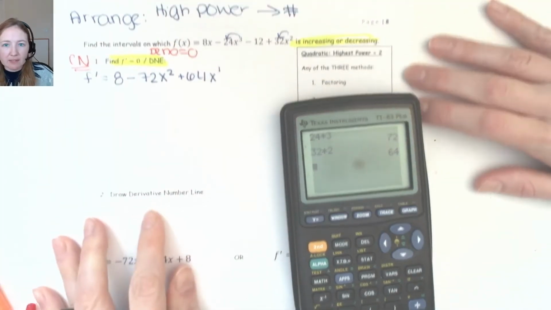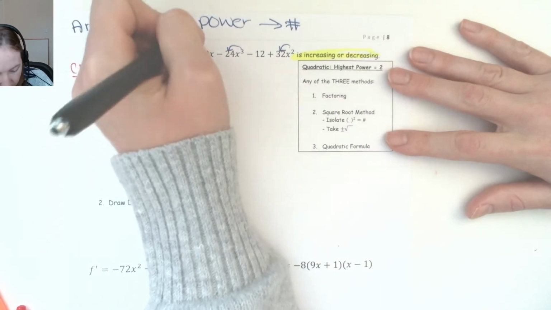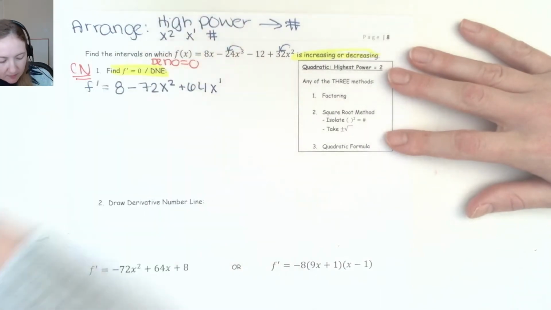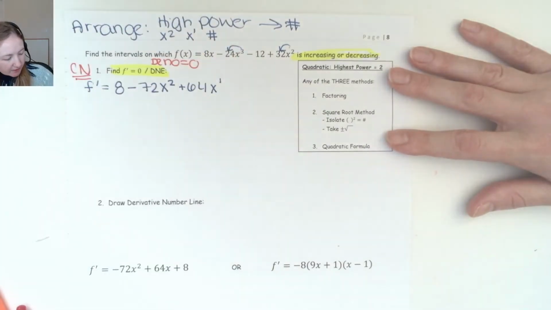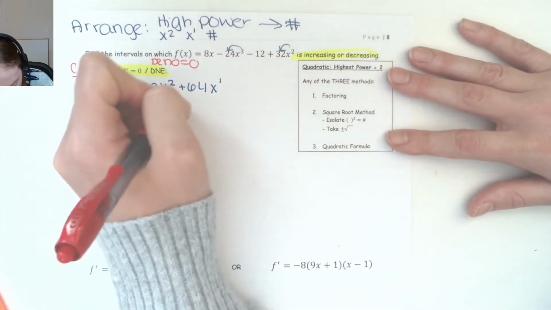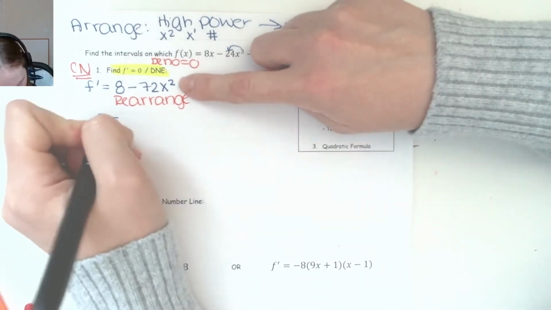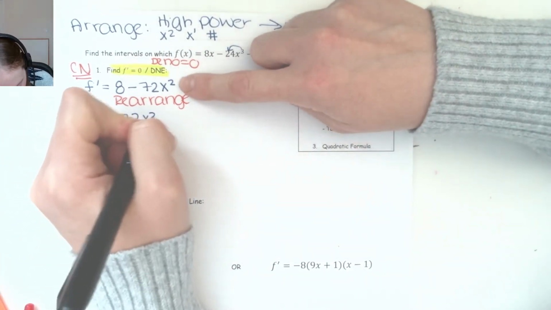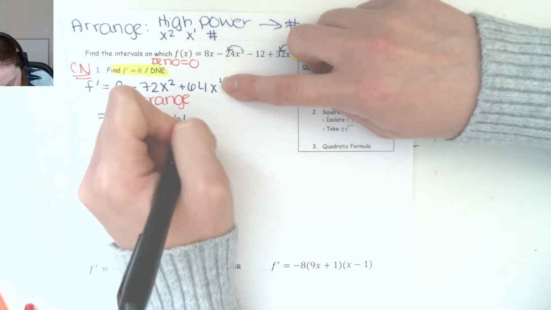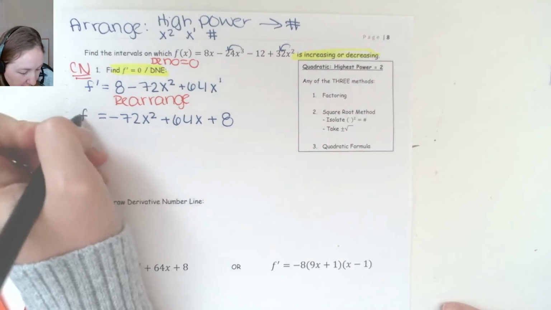So what that means is that I would look at arranging it from x squared, x to the first, and then the constant. So this next step is simply going to be rearranging. And so I will have negative 72x squared followed by 64x and then the plus 8. And then this is my derivative.